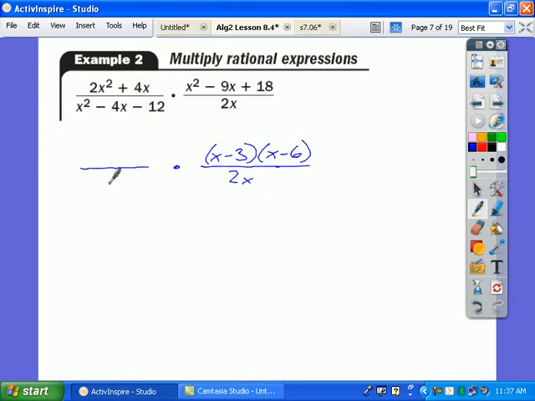And this guy's going to factor to x minus 6, x plus 2. Check my factoring, make sure I didn't make any mistakes. Also be careful on this common term factoring. A lot of students forget how to do that or forget that there is such a thing.